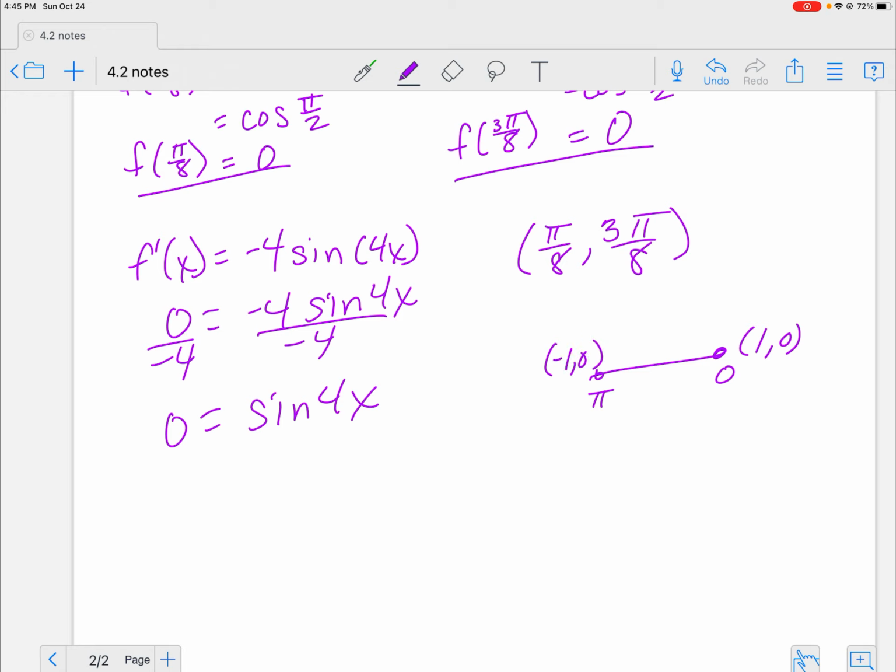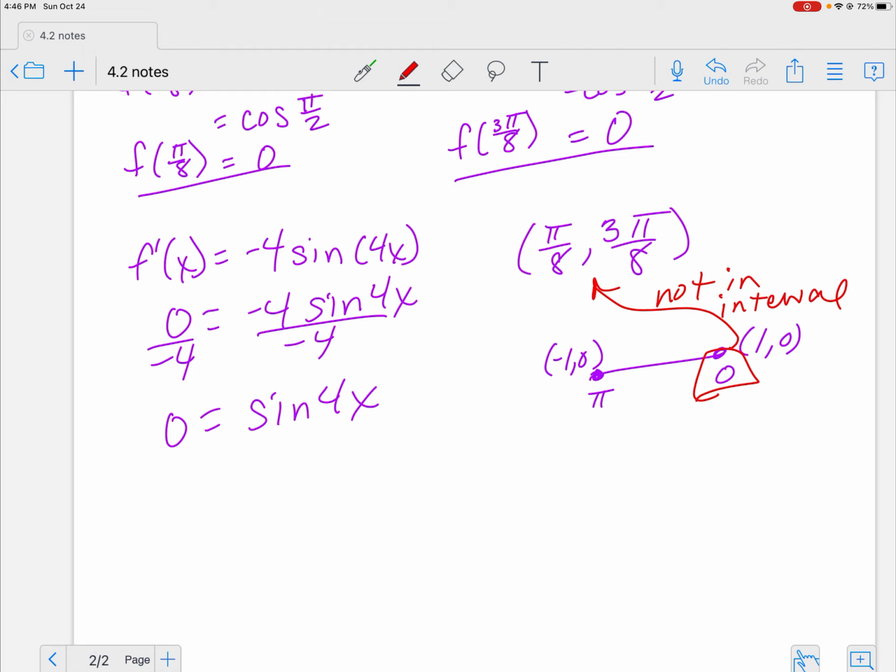So my question to you is, what value of x do I plug in to pull that off? I could plug in a 0 for that value of x, but is 0 going to fit in my interval? No. Do you see that? Not in the interval.